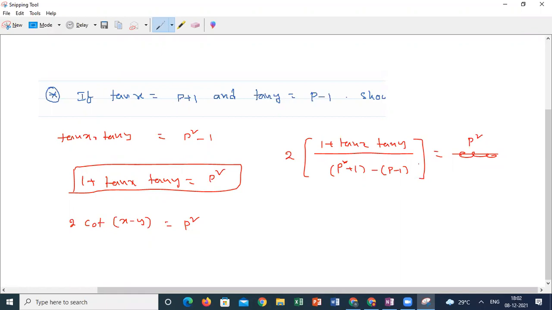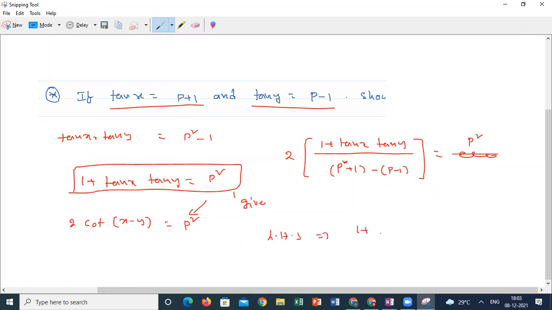Sir, but then here you solve this from 2 cot x minus y, right? No, I am solving. See, you are saying if this is given, how to prove with this data? Correct? Yes, sir. So what I am doing is I am taking LHS. What is LHS? Tell me.